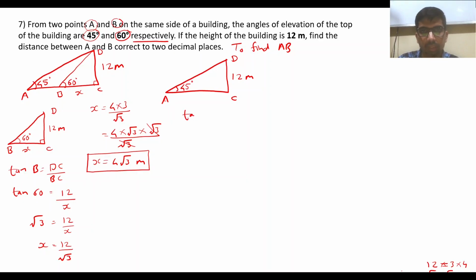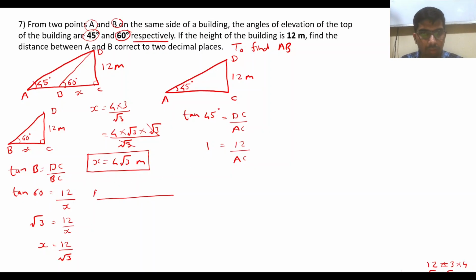Again, apply tan formula. Tan 45 is opposite upon adjacent. DC upon AC. Tan 45 is 1. DC is 12, and AC is not known, I will just write AC for now. AC, okay, I forgot to write over here.